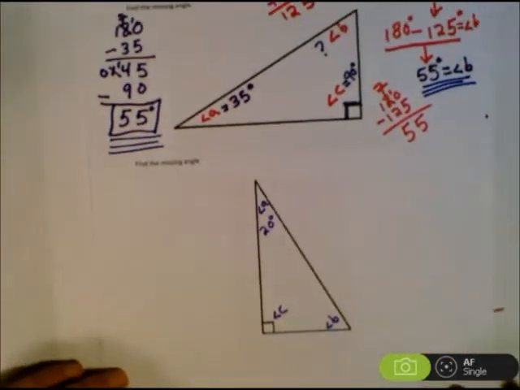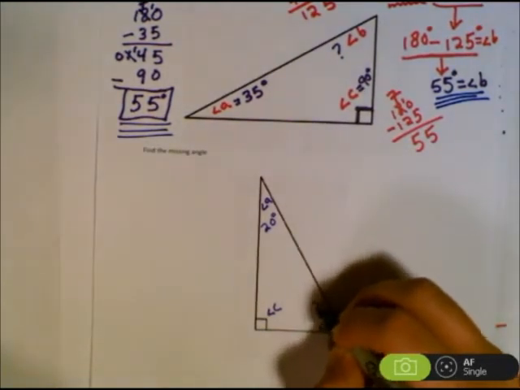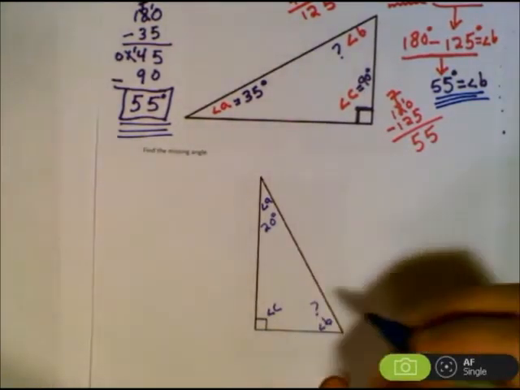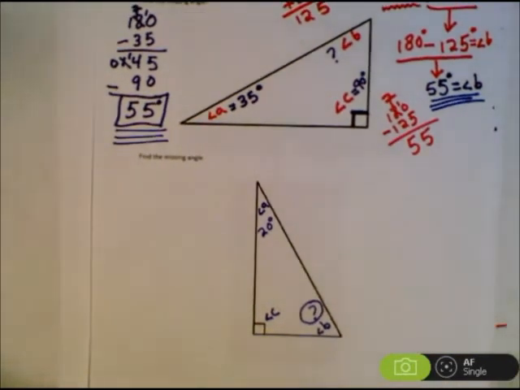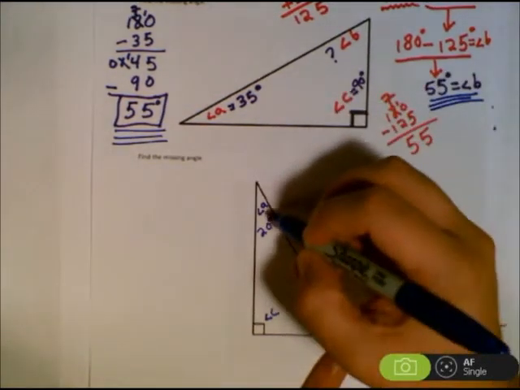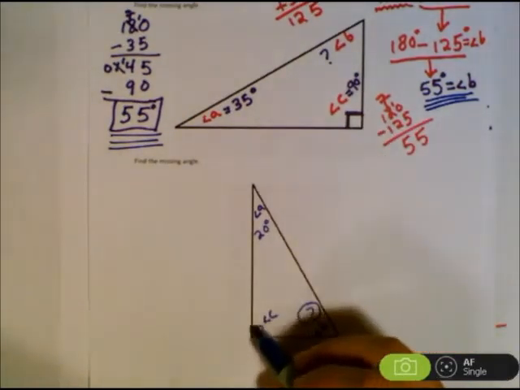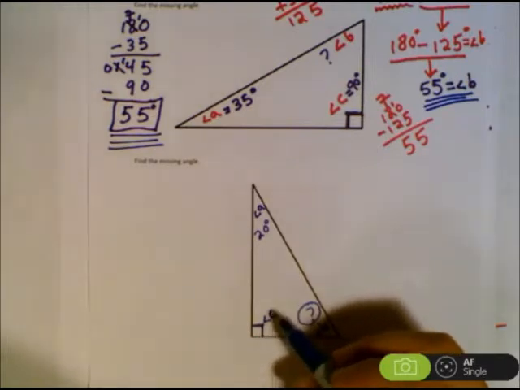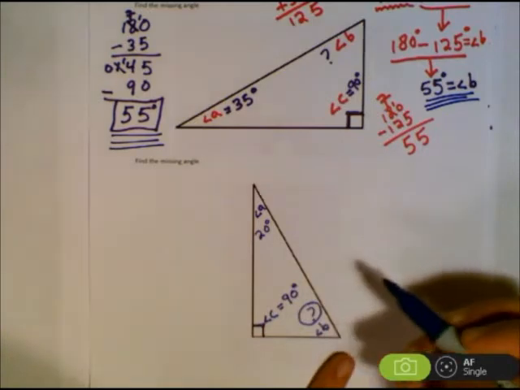And we have to find the measure for angle B. So again, let's first see how many measures we have. We know that angle A is 20 degrees, and we know the measure for angle C also. Remember this little box right here? This little box means that it's 90 degrees. So angle C is equal to 90 degrees.